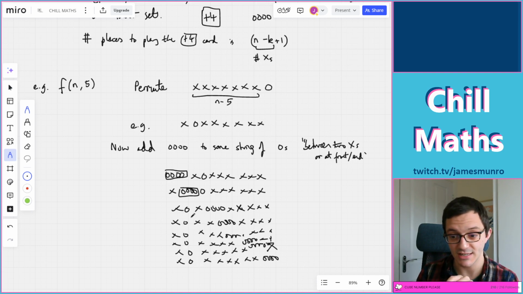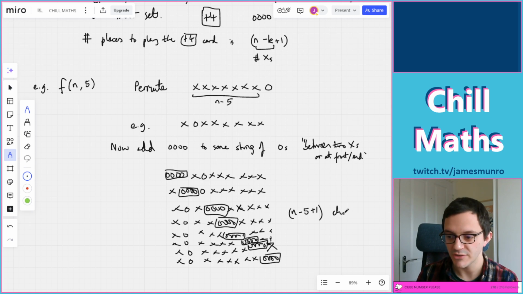So the number of choices here of where to put this block, no matter the permutation, is the number of X's plus 1. So n minus 5 plus 1 choices for where to put the block of 4.